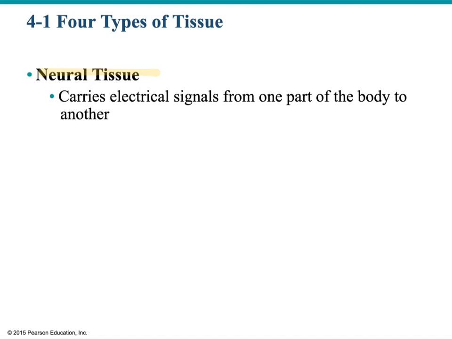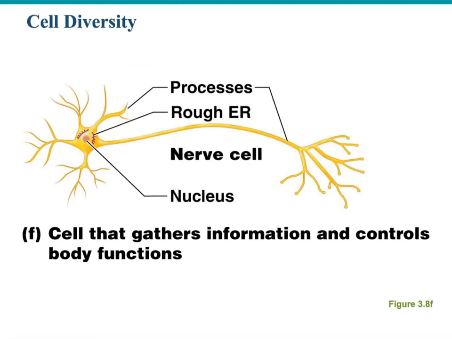The nervous system. Very good. Which is really complex, but mainly controlled by the brain. Some messages come straight from the spinal cord, but mostly all of them come from the brain to make all of your organs work and keep your body running. The cells in neural tissue gather information and control body functions.